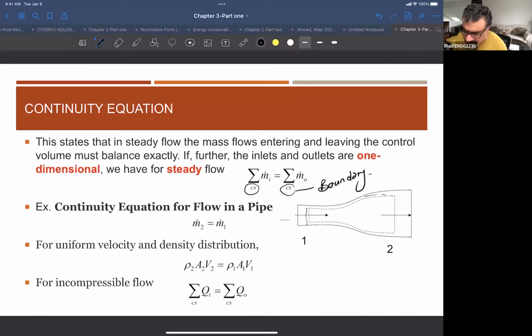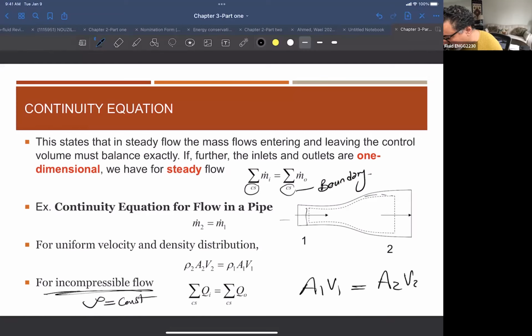It just happened in this case that it's only one in and one out. But in general, it could be multiple in and multiple out, okay? And if the density is constant, as for an incompressible fluid, I can divide both sides of the equation by the density, and in this case it will be A1 V1 equals A2 V2. Remember, this is an average velocity, and this is the total area.